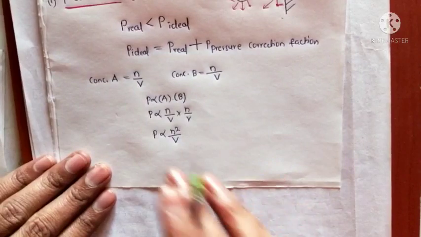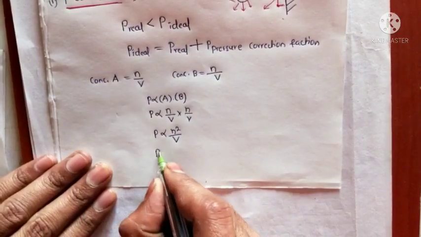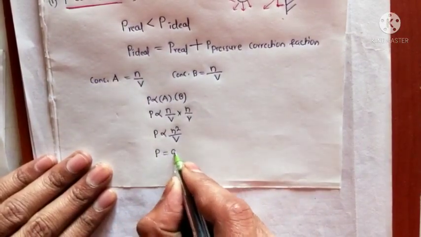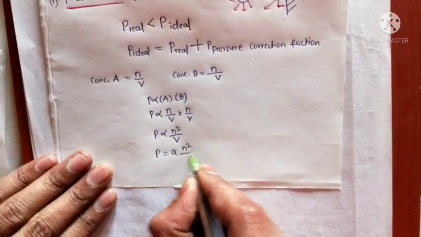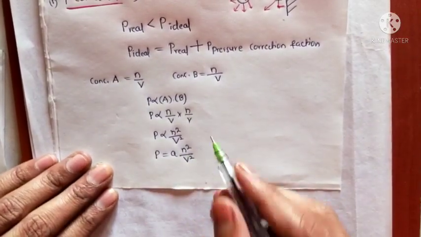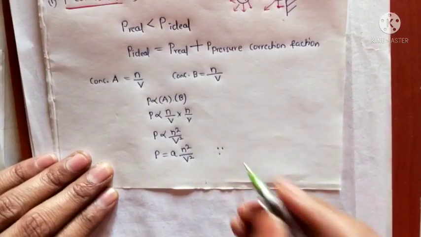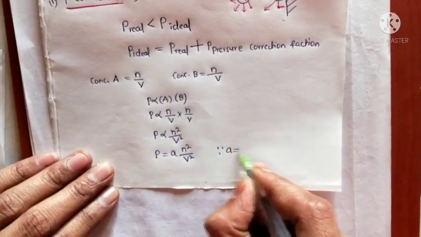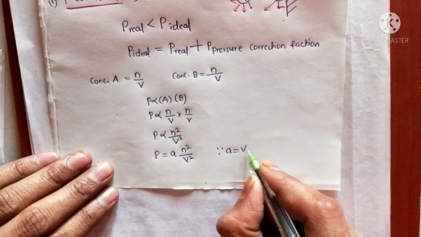Removing the proportionality, P equals a n squared by V squared, where a is the van der Waals constant.